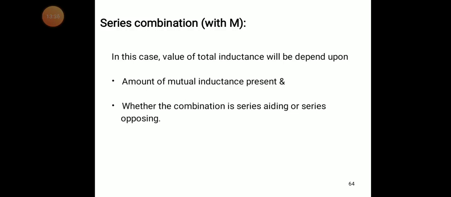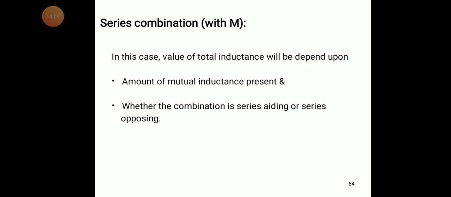Here again, for mutual inductance, two concepts are there: the first is series aiding, the second is series opposing. What is the meaning of series aiding? Whatever mutual voltage is induced, the flux links with the other coil either in an adding manner or in an opposing manner.